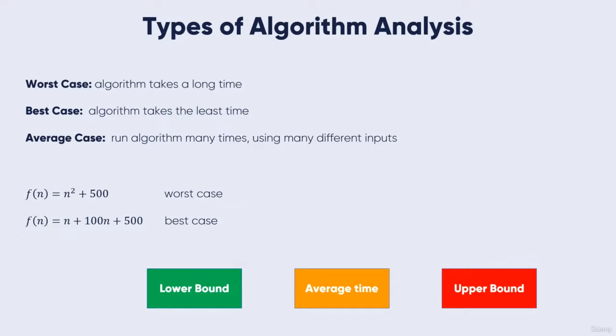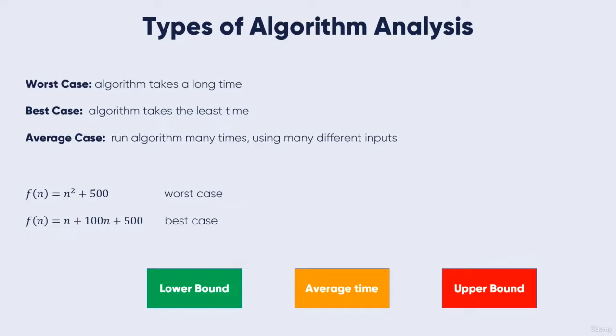The average case provides a prediction about the running time of the algorithm. Run the algorithm many times using many different inputs that come from some distribution that generates these inputs. Compute the total running time and divide by the number of trials. Assume that the input is random.